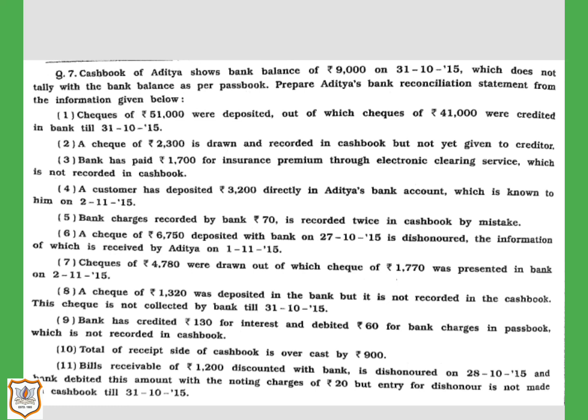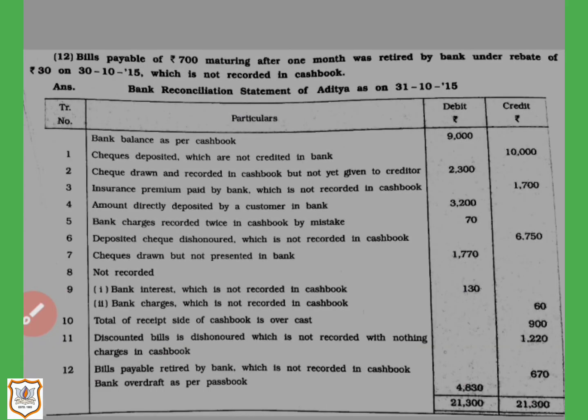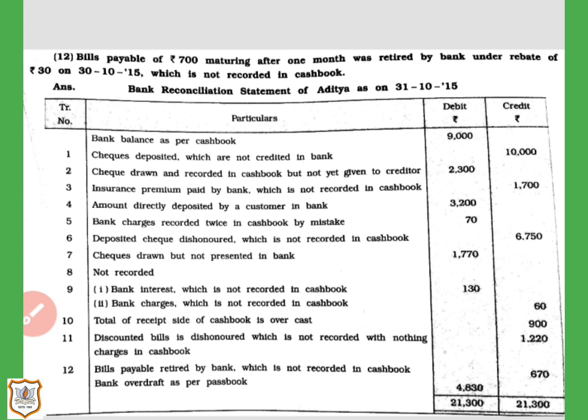Therefore, write the transaction in the credit column of the bank reconciliation statement. Here it is, discounted bills is dishonored which is not recorded with noting charges in cash book, amount is 1,220.